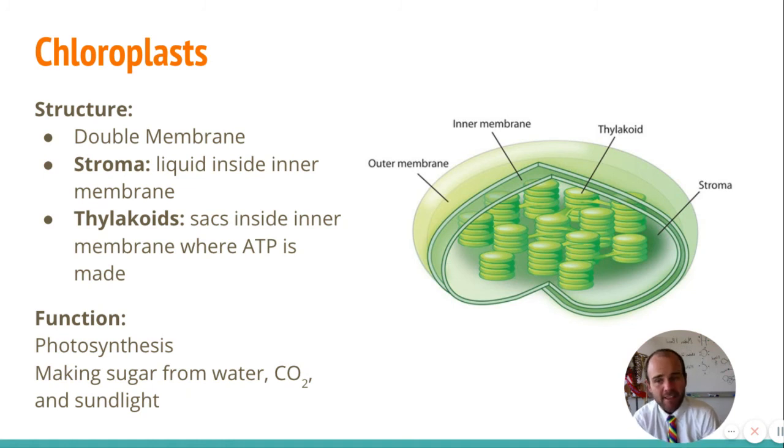And you'll also find thylakoids, which are stacks inside the inner membrane, and that's where ATP is made, and that's where photosynthesis is going to happen. So what happens in chloroplasts? They turn light into sugar, and so we'll be talking about that later when we get to chapter 8, I believe it is.